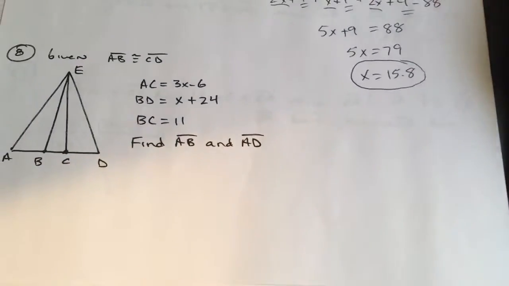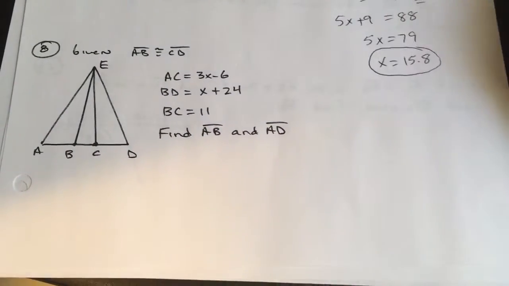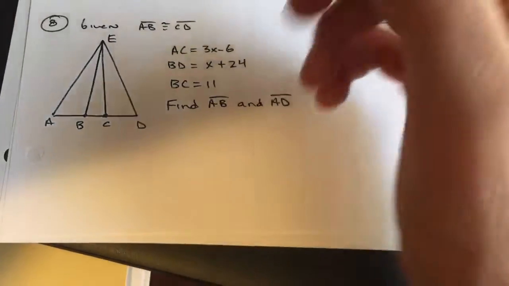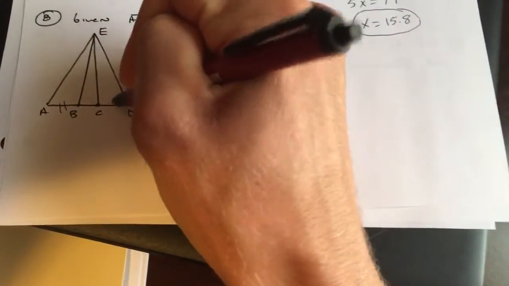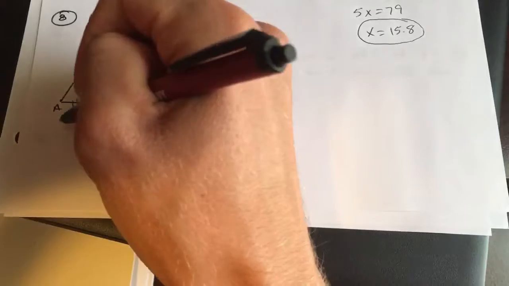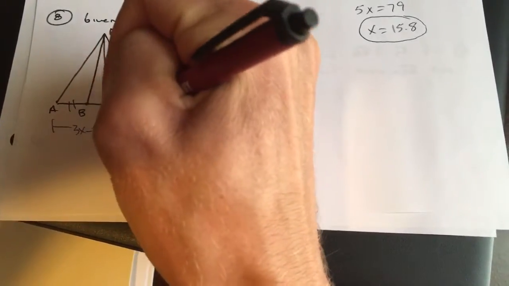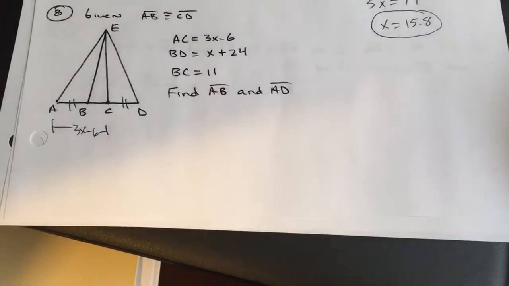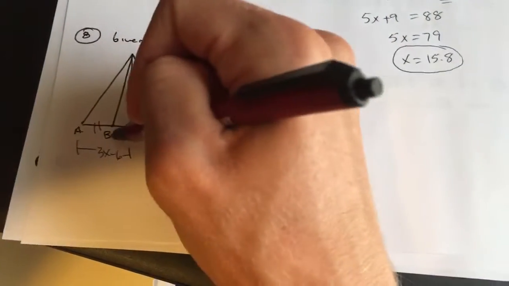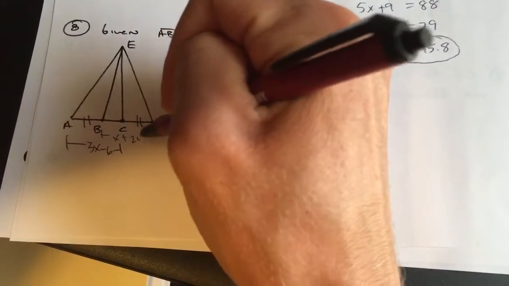All right, folks, this one you want to take your time on. AB is equal to CD. AB, CD, both equal. AC, which is this guy, is 3x minus 6. BD, which is this one right here, is x plus 24.